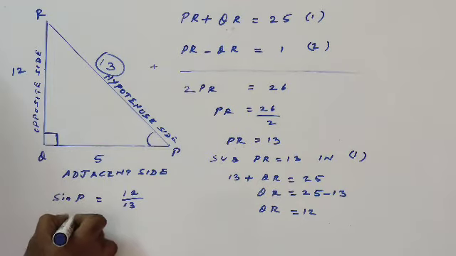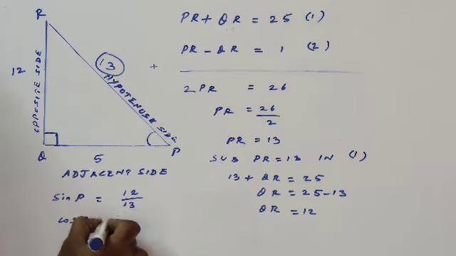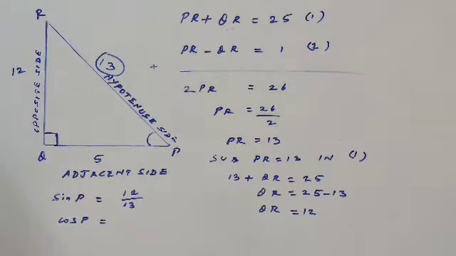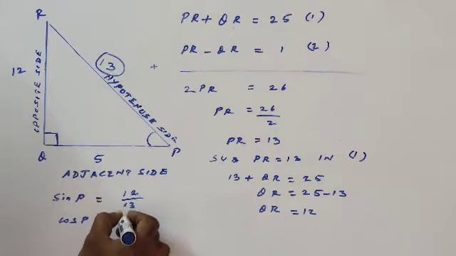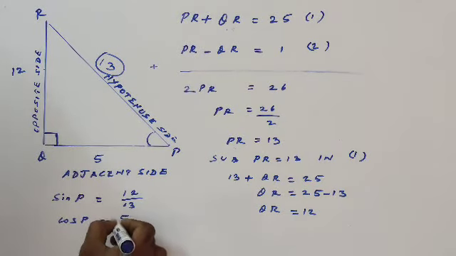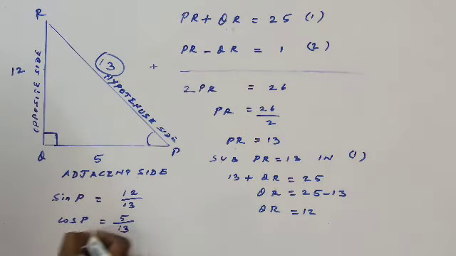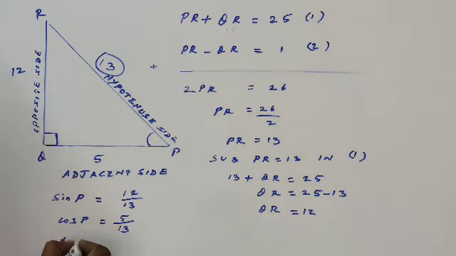Then cos P, adjacent side by hypotenuse side. Here adjacent side is PQ, that is 5. Hypotenuse side is 13. Then tan P, opposite side by adjacent side. Opposite side is QR, adjacent side is PQ. So 12 by 5. This is the answer.